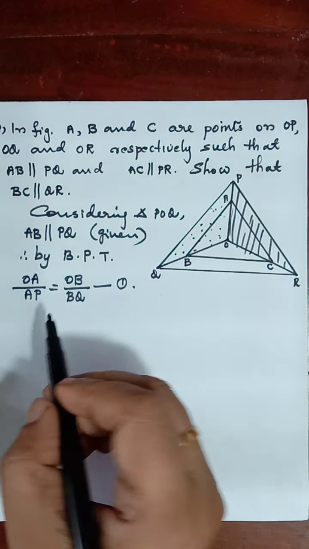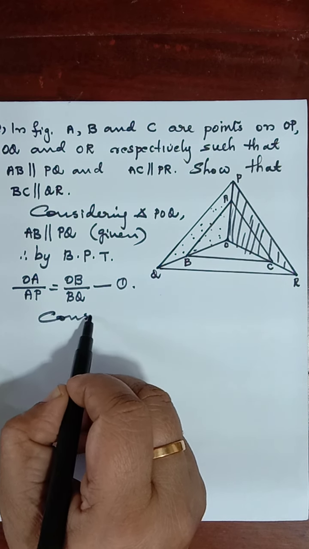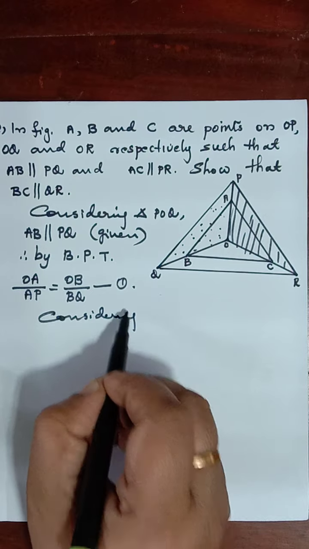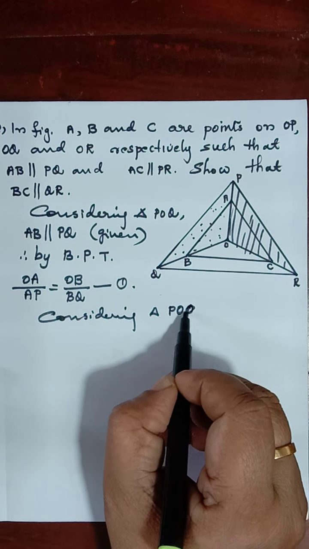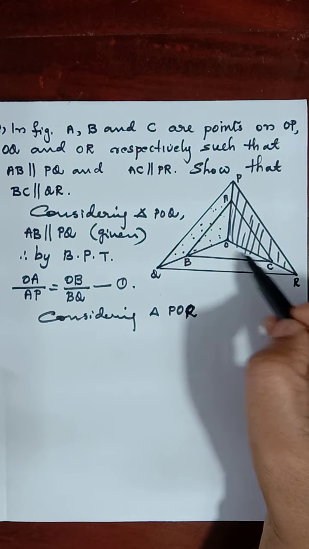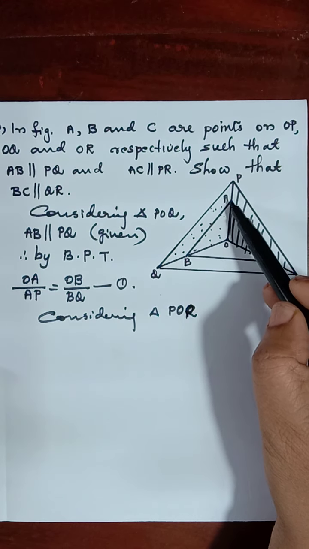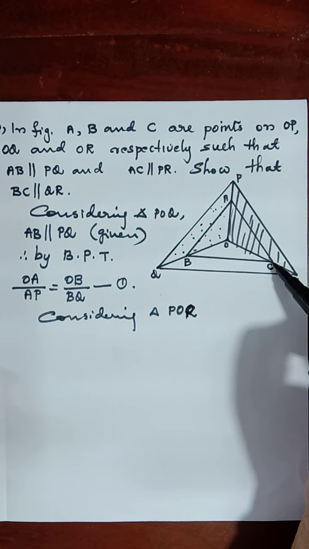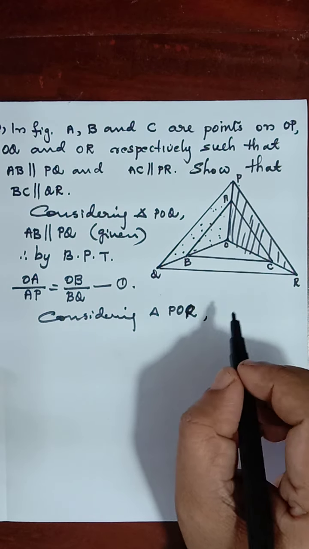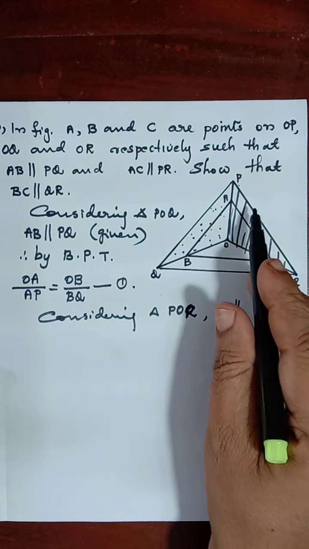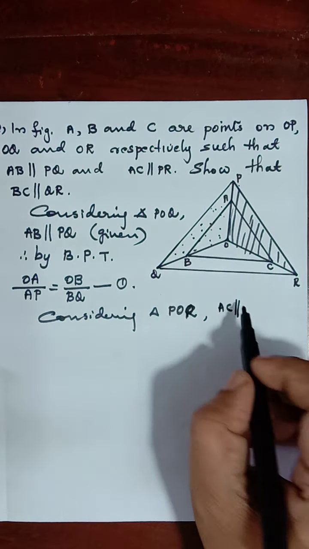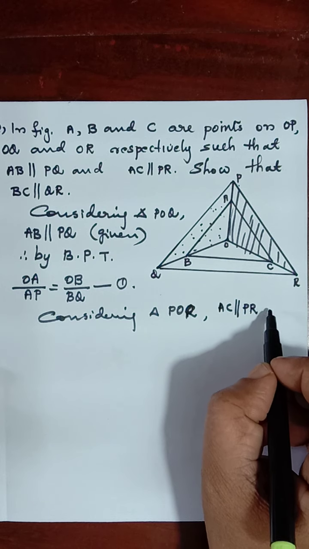So in this triangle, considering triangle POR, A and C are the distinct points on sides OP and OR. Given AC is parallel to PR.